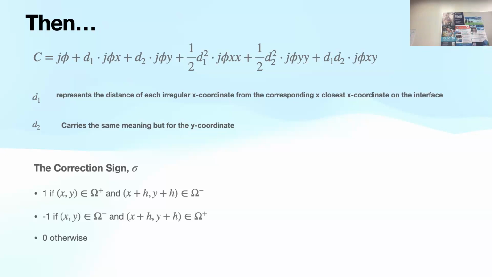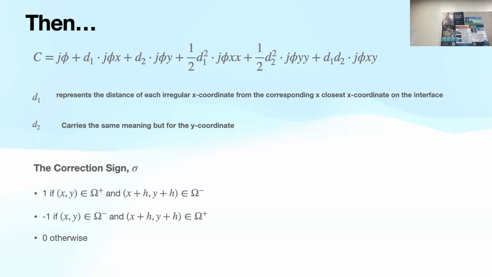If I can go back to this plot, the 1D plot, with a point here, a point there, and then we need a point somewhere to correct this.